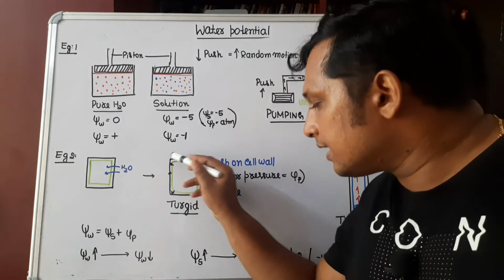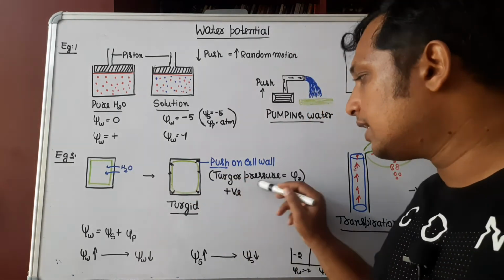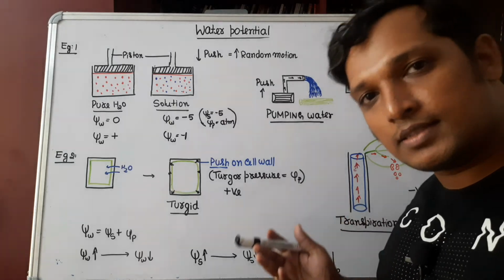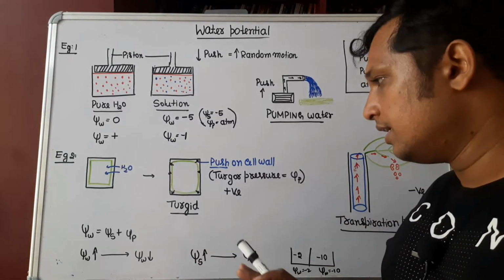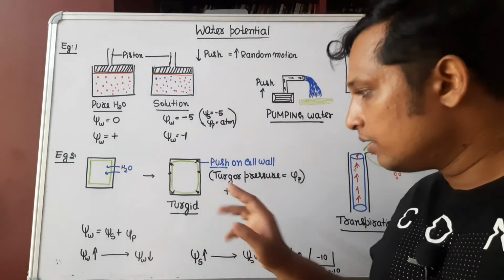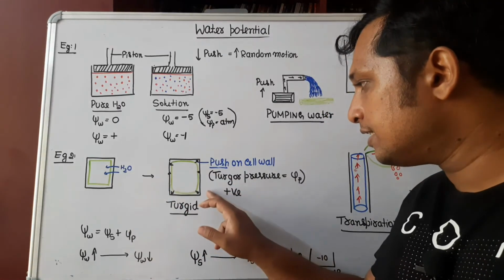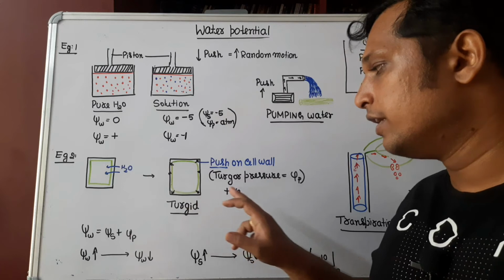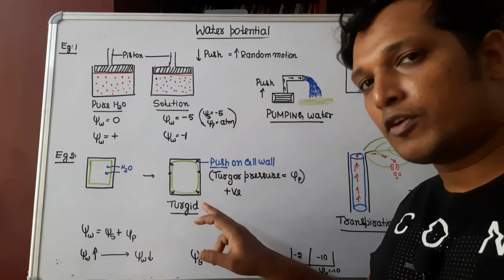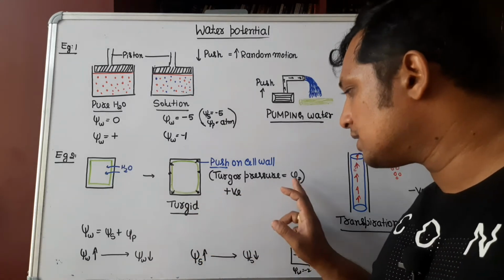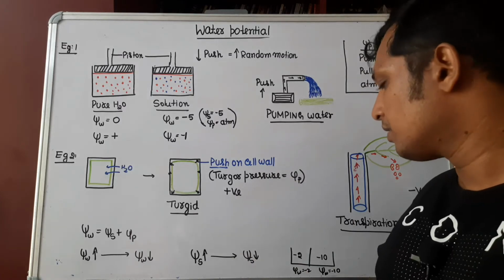Turgid cell will be exerting that pressure, which is called turgor pressure. Turgor pressure is nothing but pressure potential. In this case also, protoplast is exerting a push on the wall, since it is a push on the cell wall, it is also positive. For a turgid cell, pressure potential is positive.